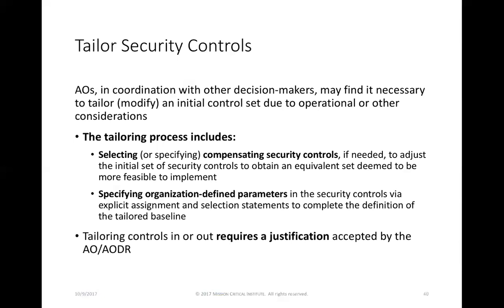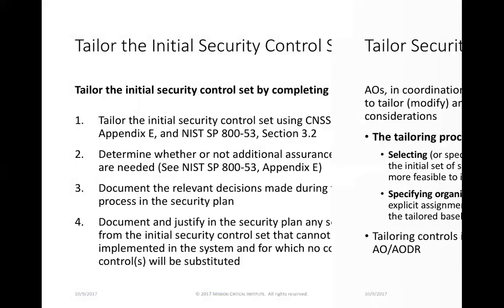Then you specify organization-defined parameters. When they say tailoring controls in or out, that just means changing the controls. It requires justification, so you would add that to the system security plan.